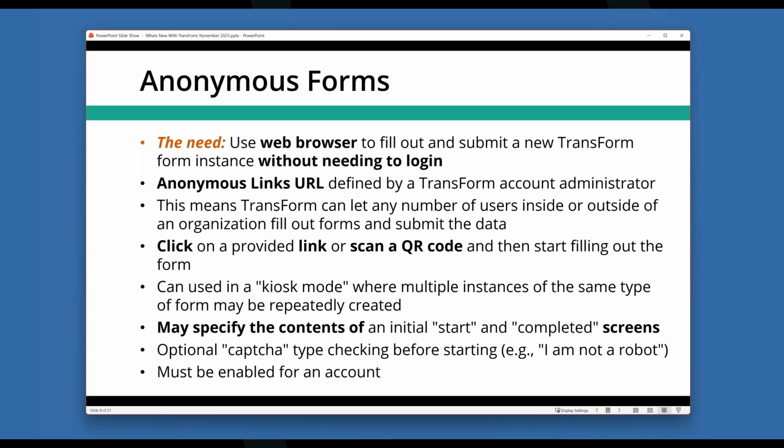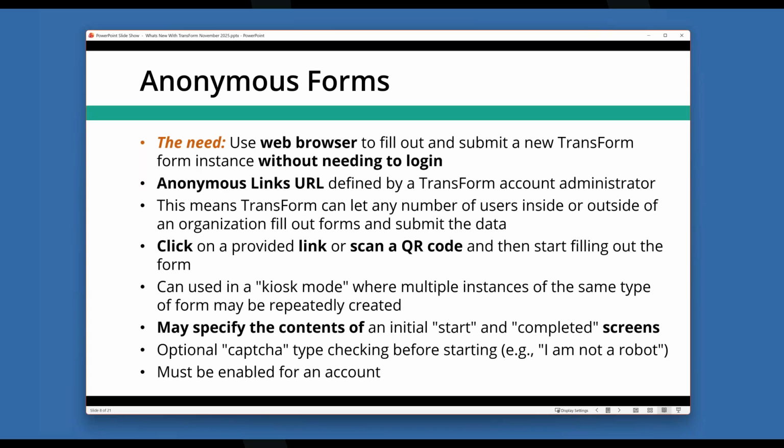We had this meeting. There are people who want to be able to use the web browser to fill out and submit a new TransForm form instance, but they don't want that user to have to log in. They want to be able to send something in an email or put it on their website and say, click here to sign up or something like that.